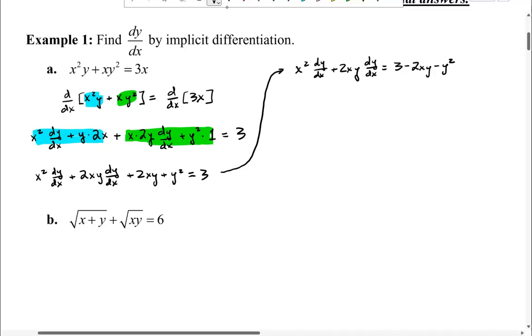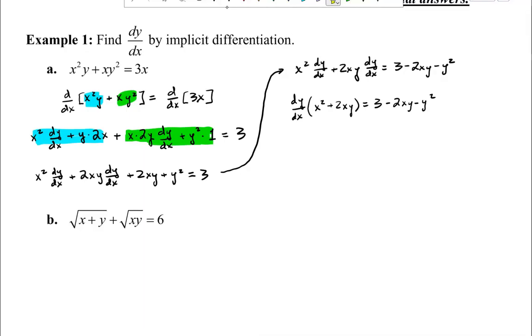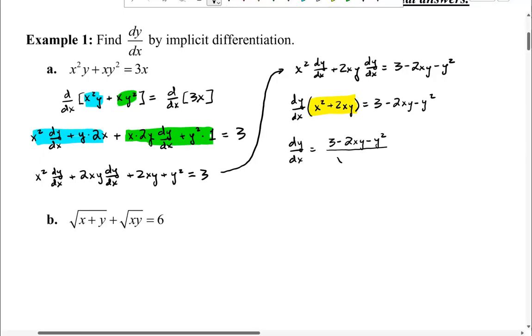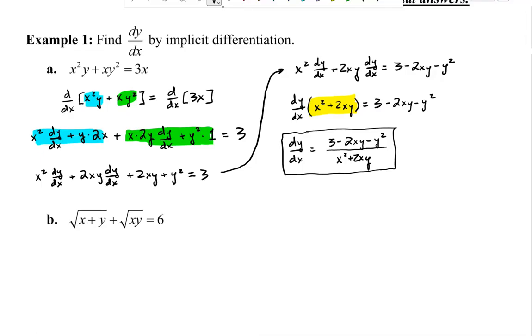Now we'll factor out dy/dx. And finally, we're going to isolate dy/dx by dividing both sides by this quantity here. And we have it. This is the derivative of y with respect to x based on our original equation.